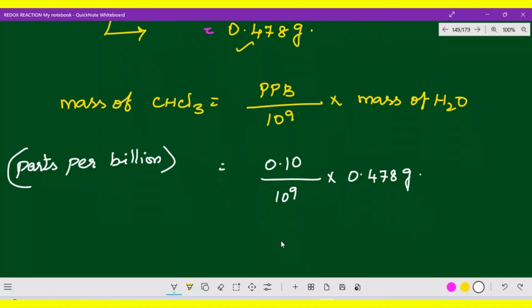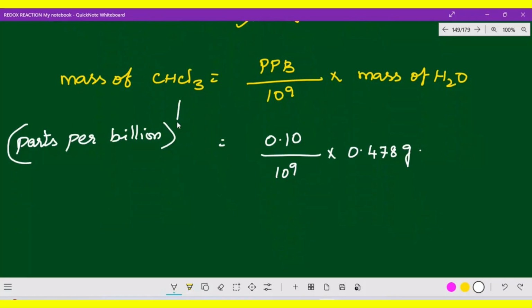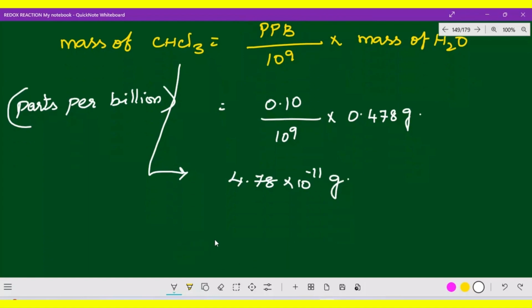Now what is the value we'll be getting? Mass of chloroform is equal to 4.78 into 10 to the power of minus 11 gram, right? I hope you got that idea. So mass of water you found, mass of chloroform also you found.